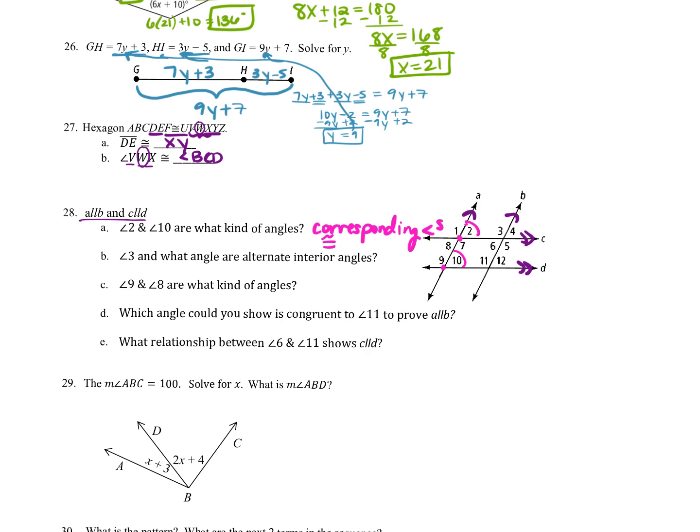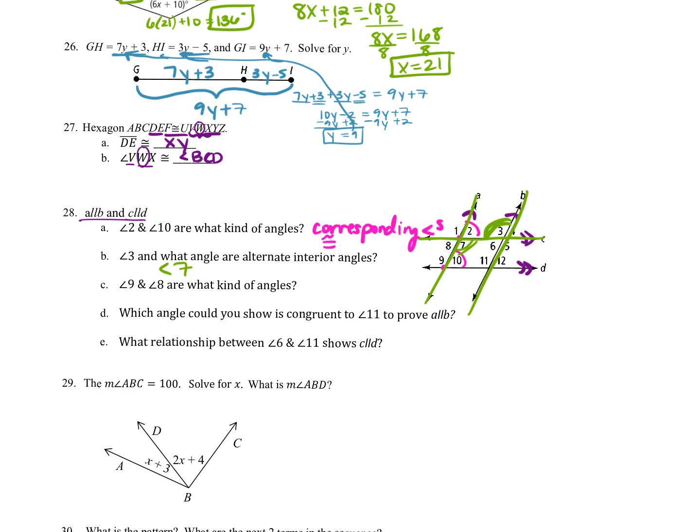Angle 3 and what angle are alternate interior? So here's angle 3, okay? To be alternate interior, it's going to have to be using A and B as our parallel lines because it's on the exterior of C and D. So an alternate interior there would be, if this is our transversal, angle 7. Okay.